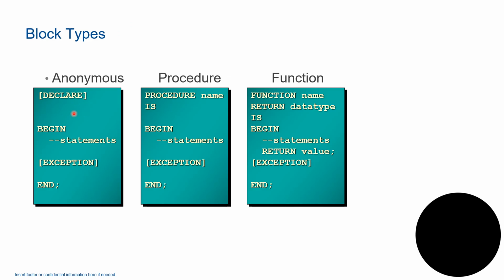In an anonymous block we have declare, begin, exception, and end. In a procedure we write procedure, then name, is, begin, exception, and end, similar to an anonymous block. For a function we have function, name, return, data type, is, begin, return, exception, and end, so similar to this.